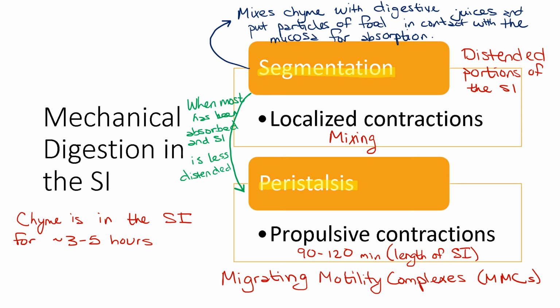And this is just because the MMC has to move all the way down the small intestine, moving that chyme through the whole length before the next MMC can take the next small amount of chyme and move that down the whole small intestine, and so on and so forth.